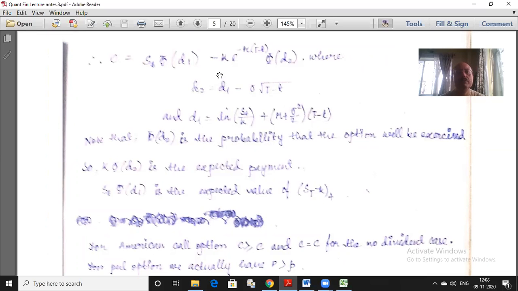So this capital K is the payment part. So I make this payment, and again it is appropriately discounted because the payment is made later on, and this is the associated probability. So this phi is coming from the normal distribution, of course. This D1 and D2 are the conditional probabilities for exercising.